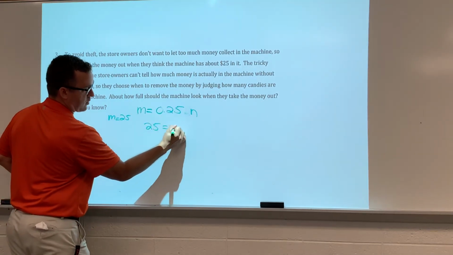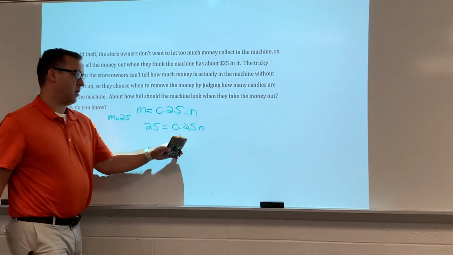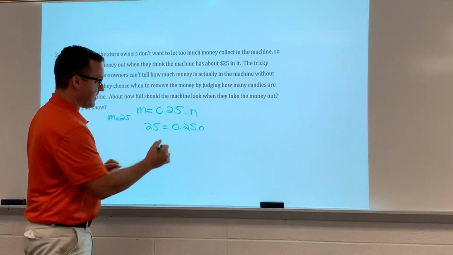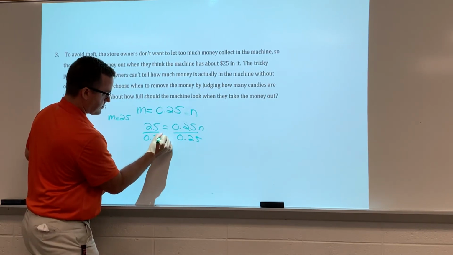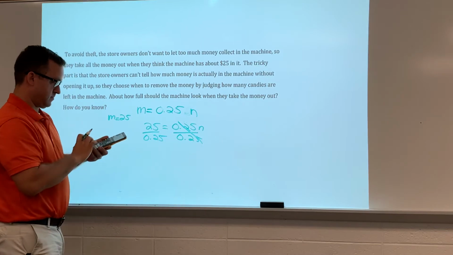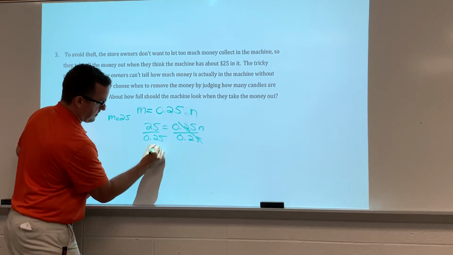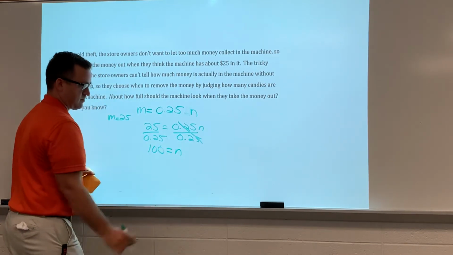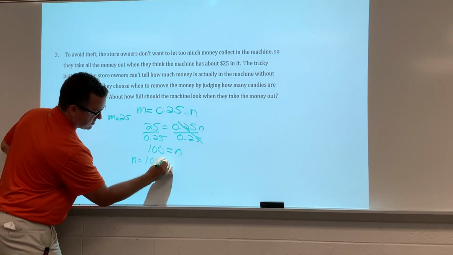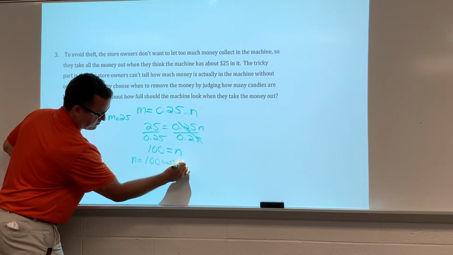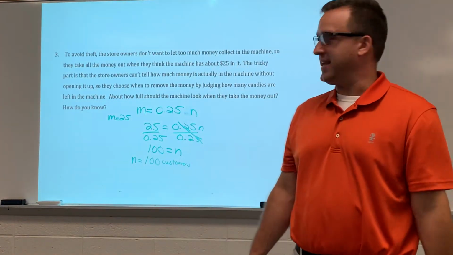So we have 25 equals 0.25 times N. To undo multiplying by 0.25, we divide both sides by 0.25, and we get 100. So after 100 customers, we should empty that. But we need to figure out how much candy is that?